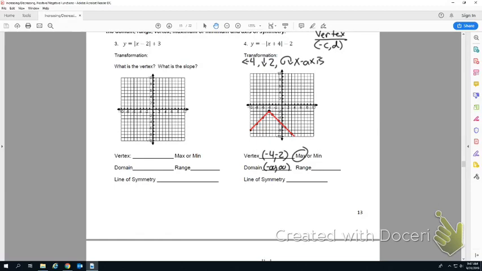That's it, every time. All right, the range. David, what would the range be on this? Okay, switch those. Okay, from negative infinity to -2. Yes.